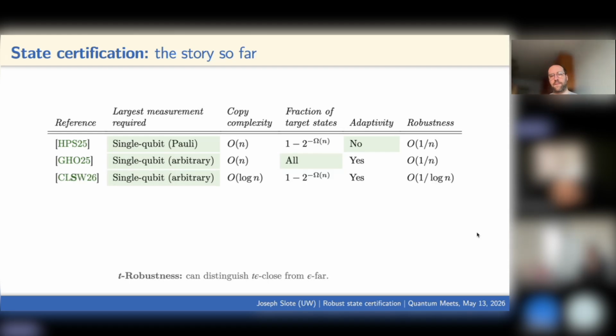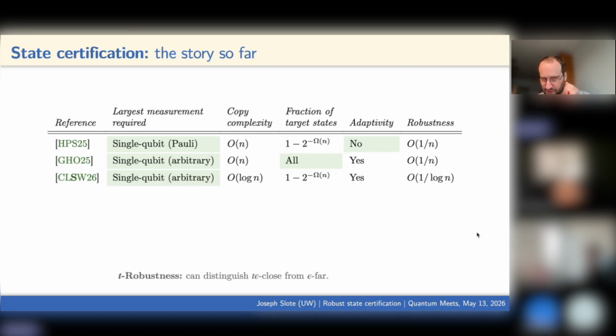So there's a paper coming out at STOC this year that shows that for almost all states, well, okay, we give two protocols. One of them uses single qubit measurements, where we have to be able to measure in any basis. Copy complexity is only logarithmic, and it works for almost all states, and it is adaptive, and it gets robustness 1 over log n.